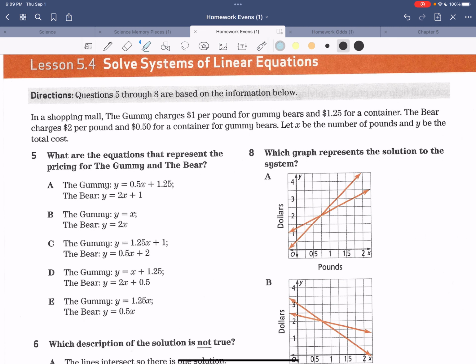Then the cost at the Bear is $2 a pound plus 50 cents for the container. So that would be the other equation, and that's what they wanted me to find. So I like answer D, as in dog.